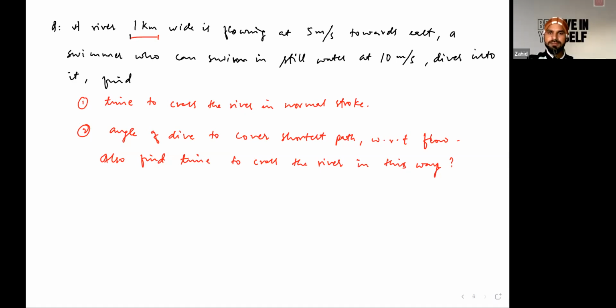Check your calculation. We have width of river as 1000 meter. Velocity of the flowing river is just 5 meter per second, and velocity of swimmer is 10 meter per second. You have to use only these values to find this term. Now apply the formula.